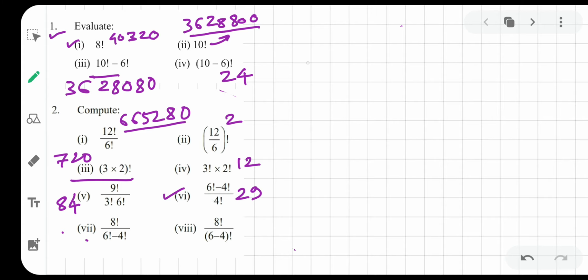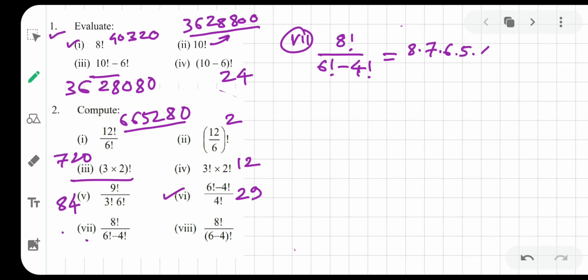Now the seventh one: we have 8 factorial divided by 6 factorial minus 4 factorial. So obviously what common should we take out? 4 factorial. So we have in the numerator 8 into 7 into 6 into 5 into 4 factorial divided by 6 into 5 into 4 factorial minus 4 factorial.